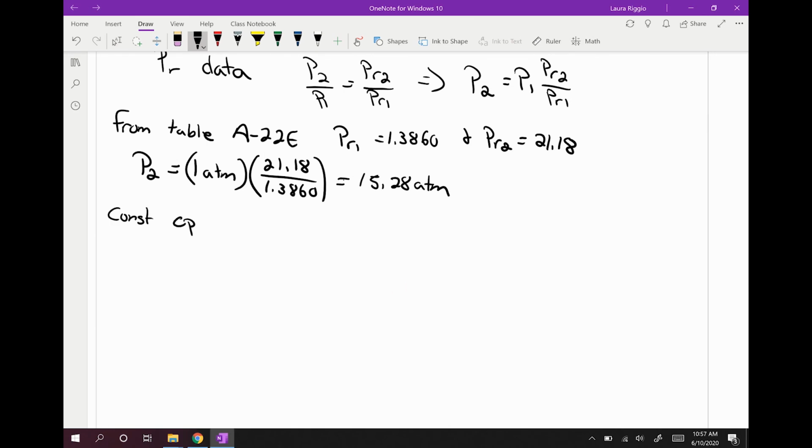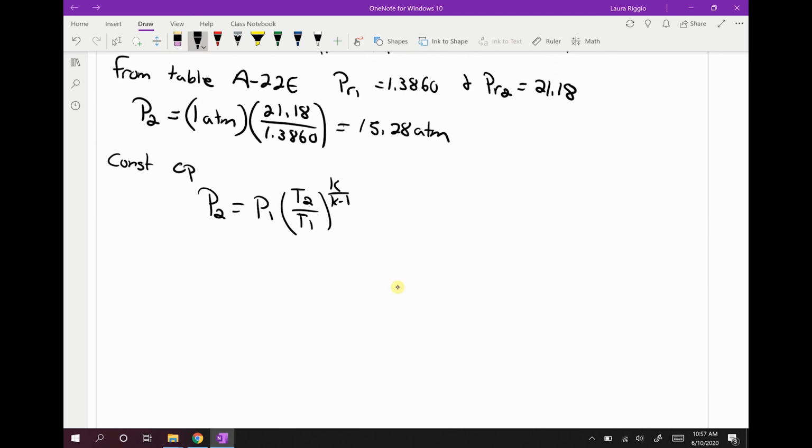If we use constant specific heats, we know that P2 is equal to P1 times T2 over T1 to the k over k minus 1. To get our k, we're going to go to table A20, and at 850 degrees Rankine, k is equal to 1.39.